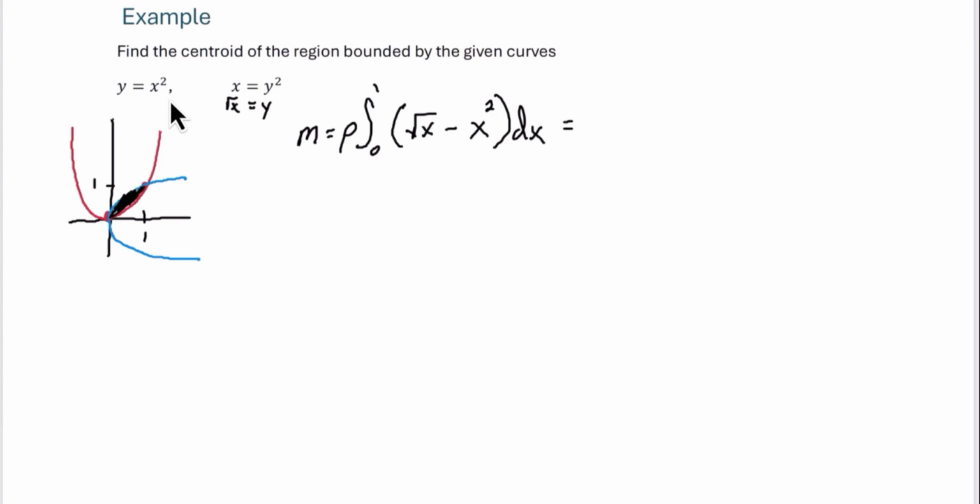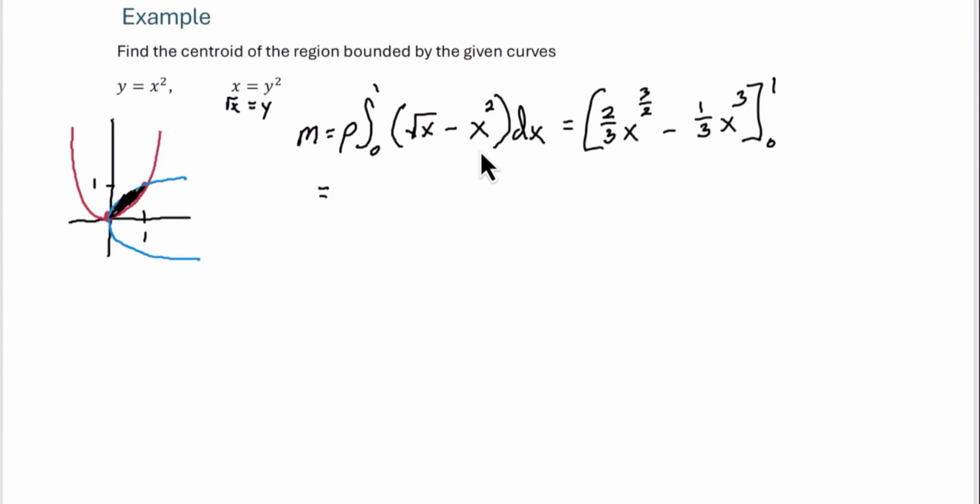And now we're just integrating x to the 1/2 would be 2/3 x to the 3/2 minus, then integrating x squared, we get 1/3 x cubed. And we are evaluating from 0 to 1.